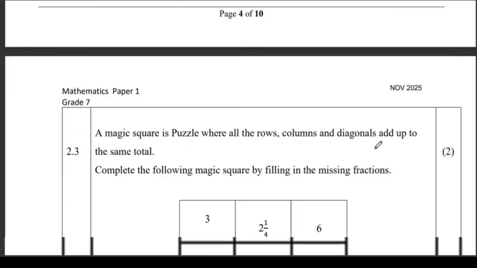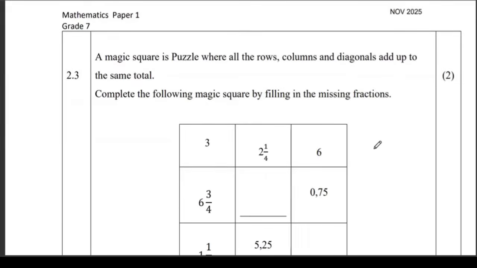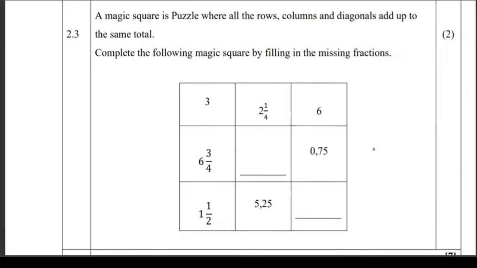Okay, 2.3. A magic square is a puzzle where all the rows, columns, and diagonals add up to the same total. They want us to complete the following magic square by filling in the missing fractions. Okay, so what we know is just the top part is complete, and then this side is also complete.